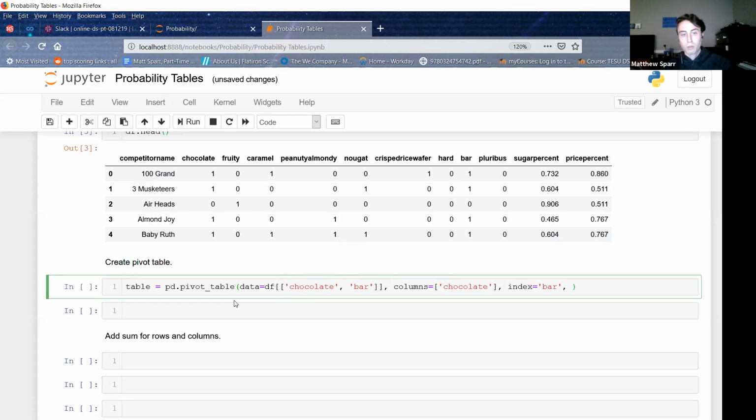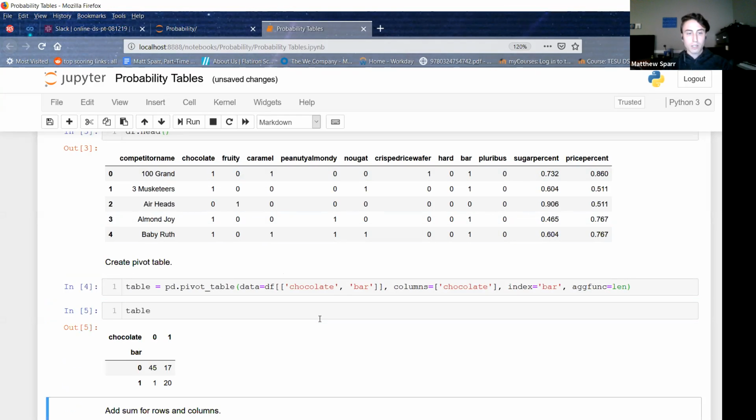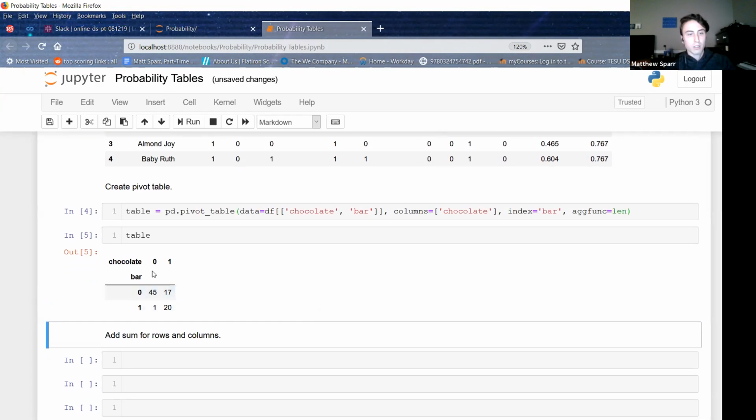And then last, with pivot table, you have to pass in what's called the aggregation function. And since we're doing the probability, we probably want the count, so like the total number of caramel, total number of bar. So to do that, all you do is pass in the Python length function here. And if you go ahead and run that and then print out the table, here we can see all the different types of candy, whether they're chocolate or bar.